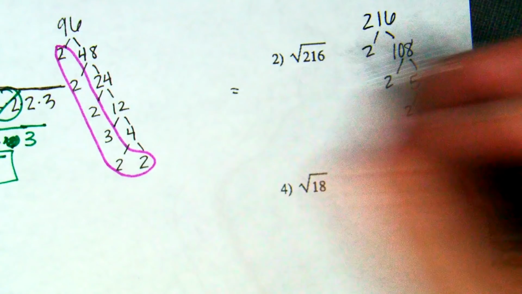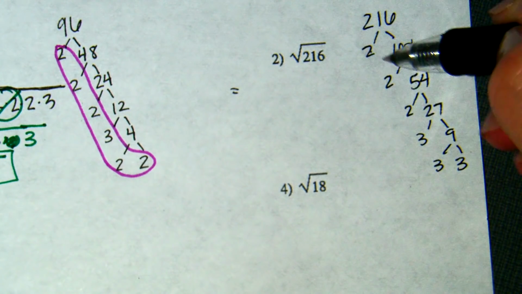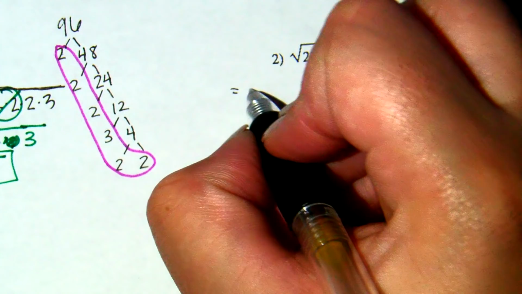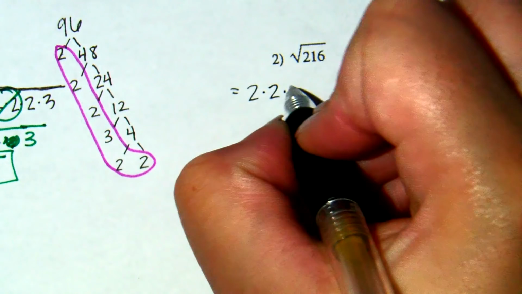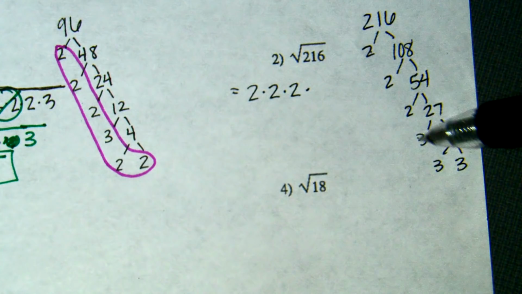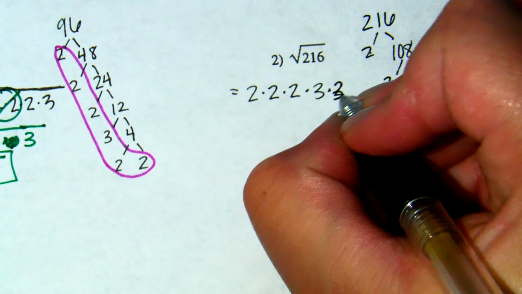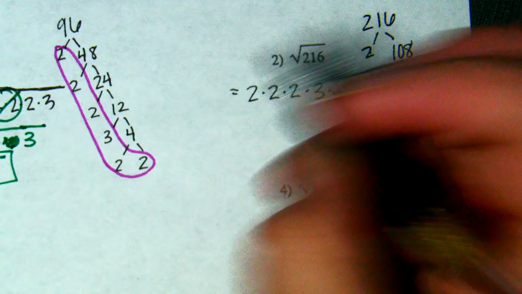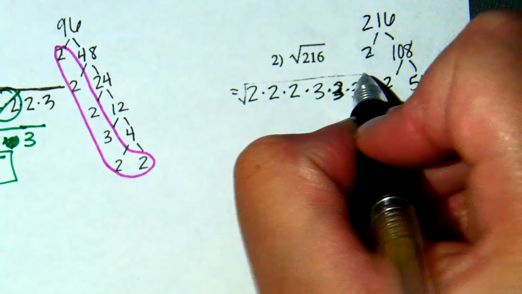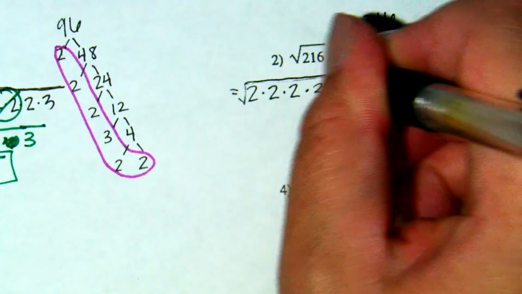So we have 2 times 2 times 2 times 3 times 3 times 3, all under the square root sign.